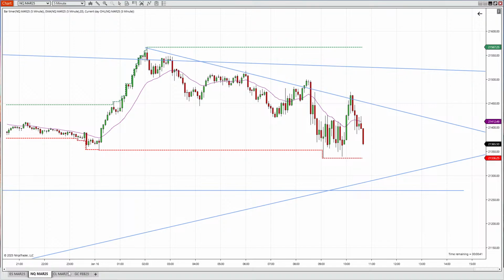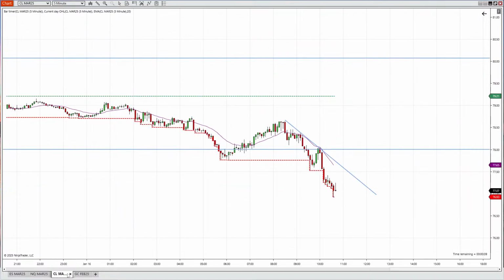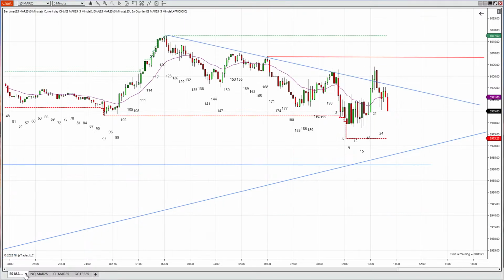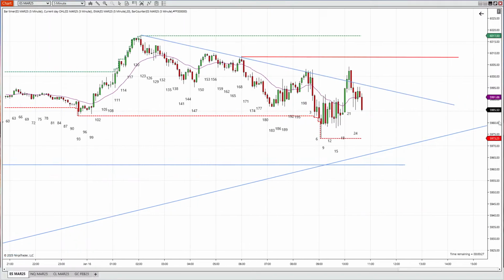NQ, it's diving down pretty good. Sell the close on crude. Alright, here's a big bear bar.